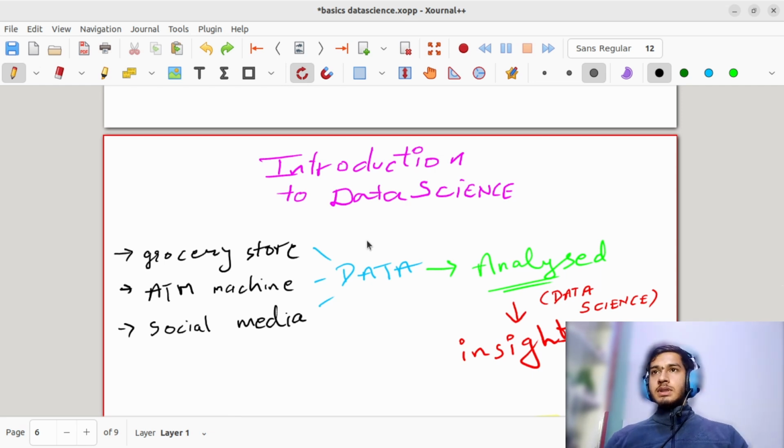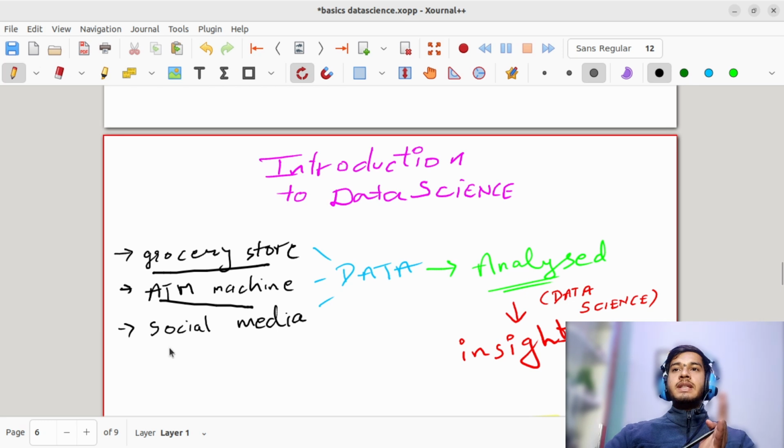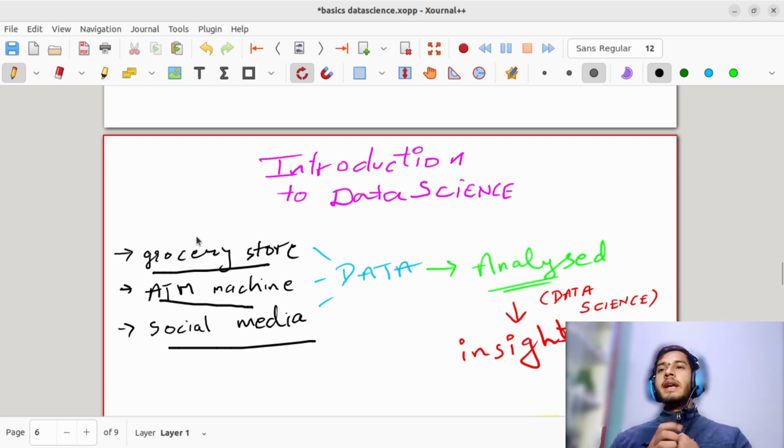Should I start with the introduction to data science now? We have seen what data is, and we have seen some real world scenarios where we use data. So what could be the possible ways from where you can get data? Tell me some examples apart from these.